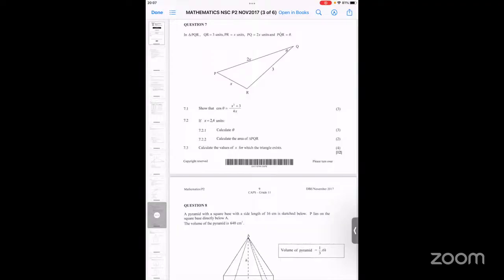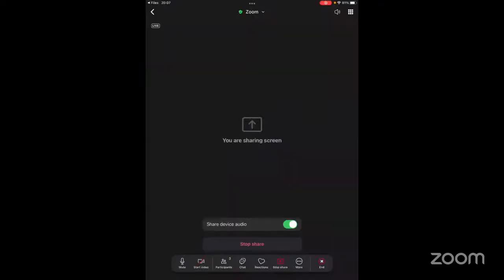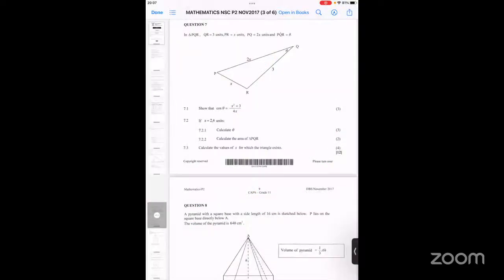Maybe let me check if there's any one of you who thinks you've got an idea of how to approach this question. Just have a nice look at that question and let me know if you think you've got an idea of how to approach that question.